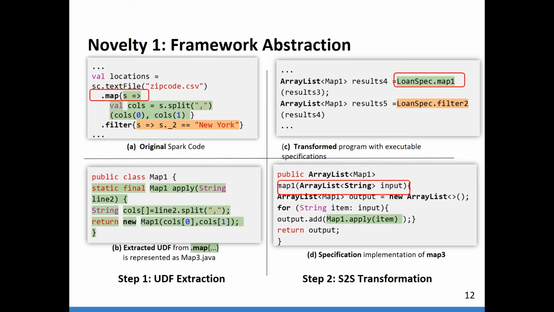Such a spec implementation takes in an ArrayList object as input to simulate the RDDs in Spark data flow operators. It applies the corresponding user-defined function on each element of the input list and returns an output ArrayList.